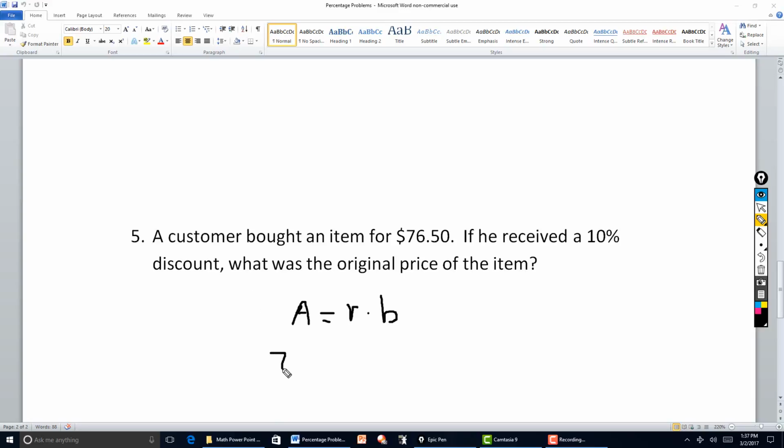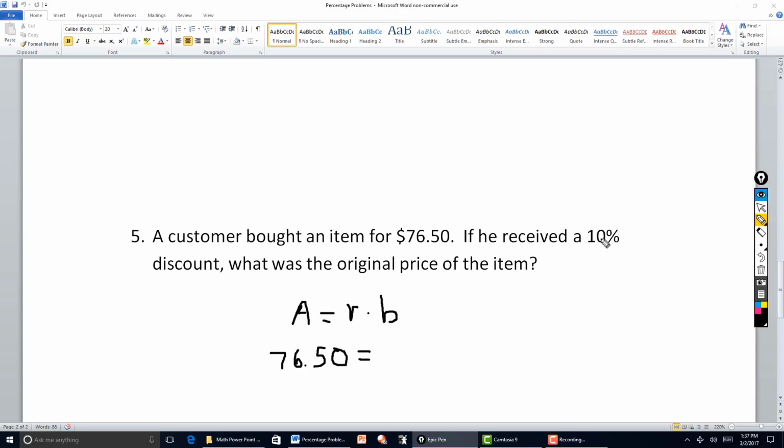So the amount here appears to be 76.50, and that's going to equal the rate. If you received a 10% discount, we're actually looking for the base in this case.